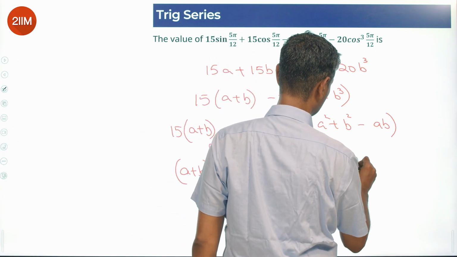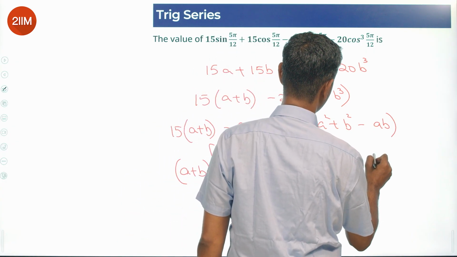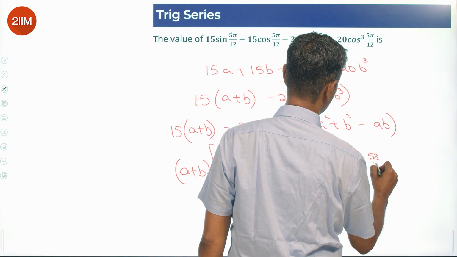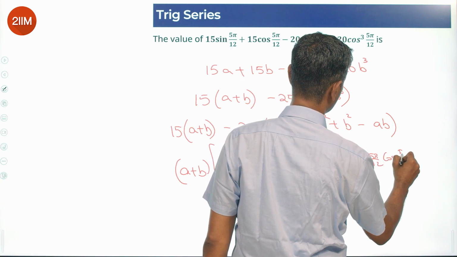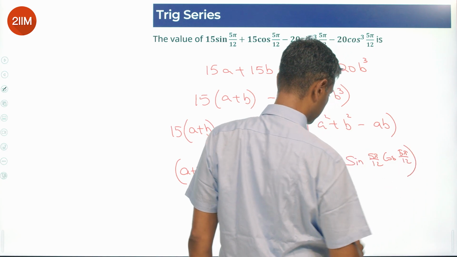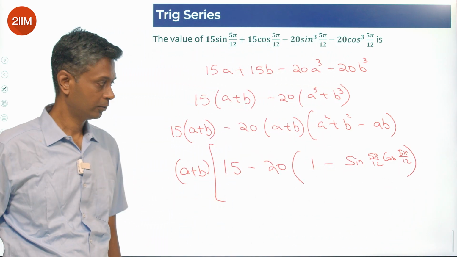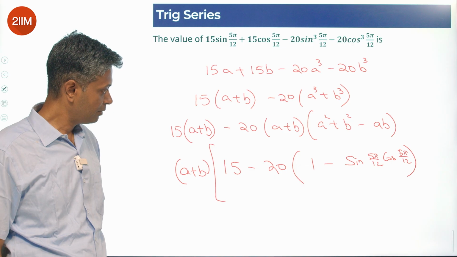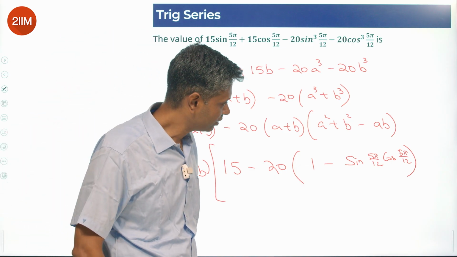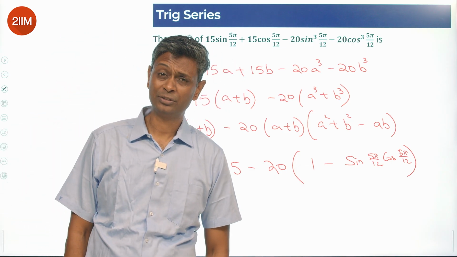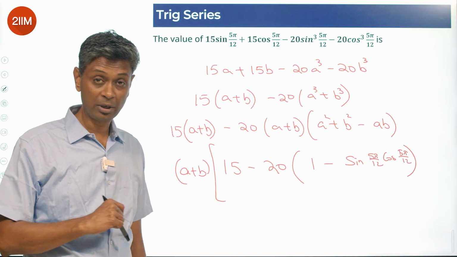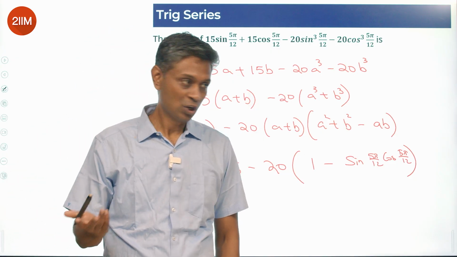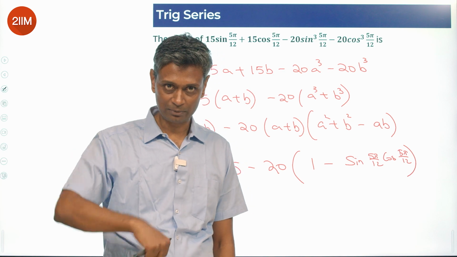Minus sine 5 pi by 12 cos 5 pi by 12. 15 minus 20 times 1 minus sine 5 pi by 12 cos 5 pi by 12, which is nice because sine 5 pi by 12 is cos pi by 12, cos 5 pi by 12 is sine pi by 12.